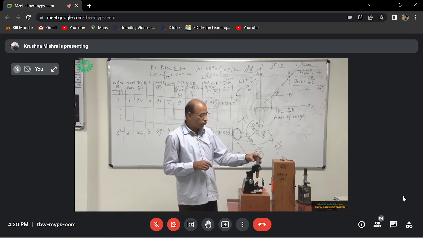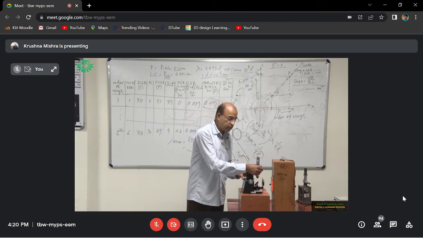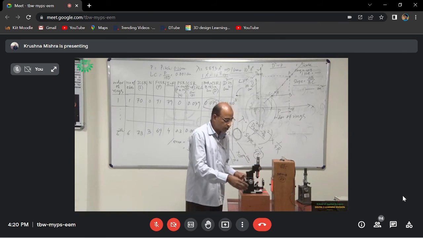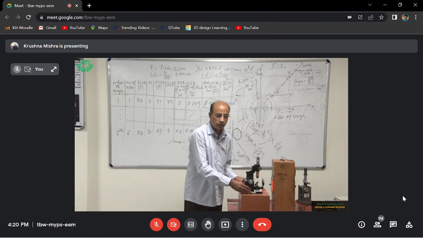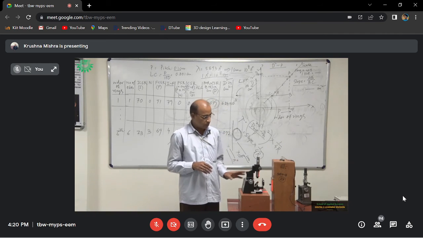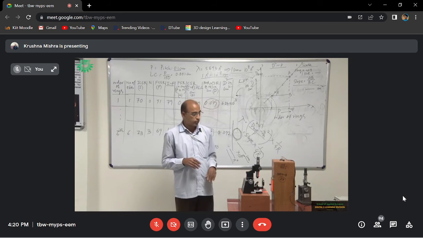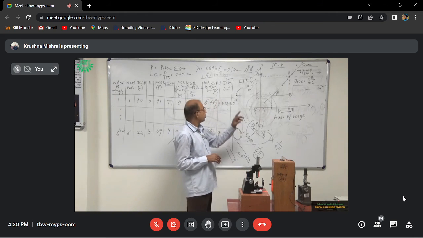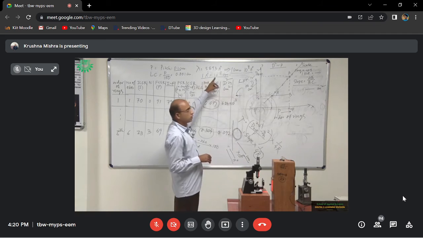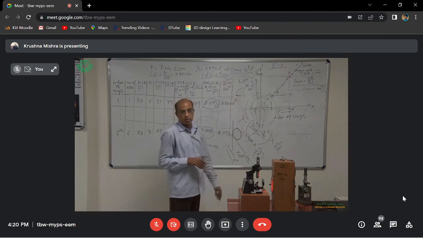And while focusing, we should not disturb this knob or the entire instrument, otherwise the rings will not be visible to us. In this way, if we perform the experiment properly, then we can get the value of lambda within 5% error. Thank you.